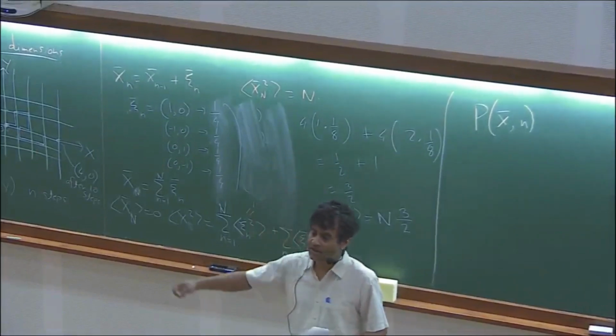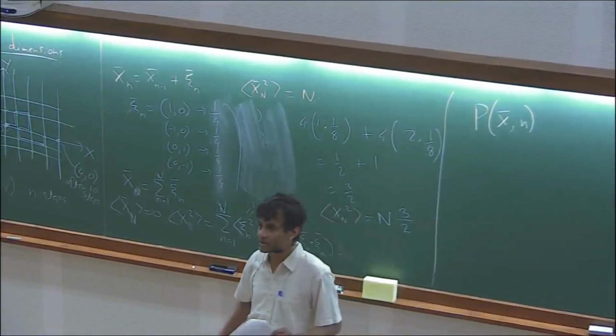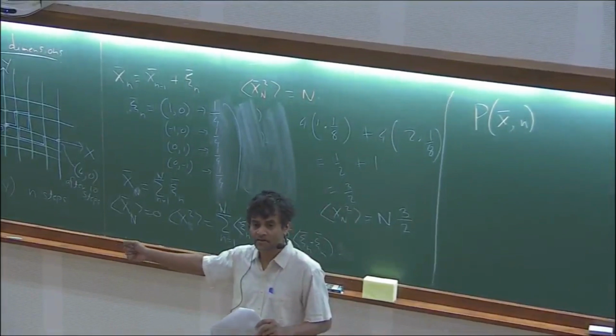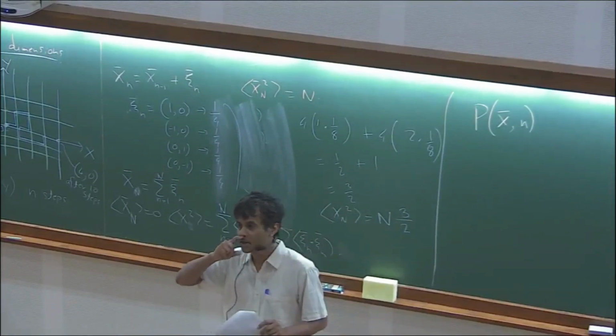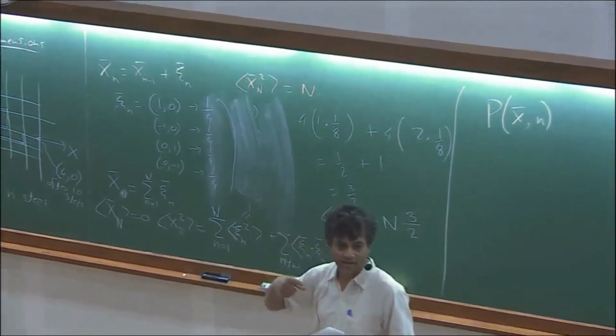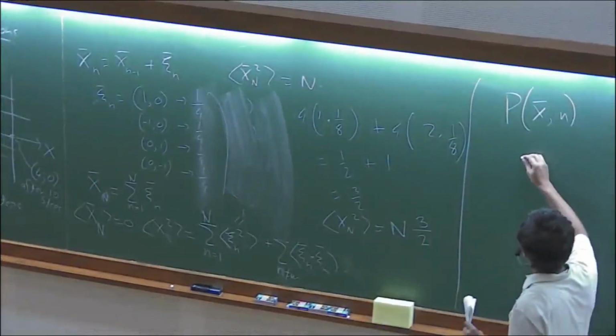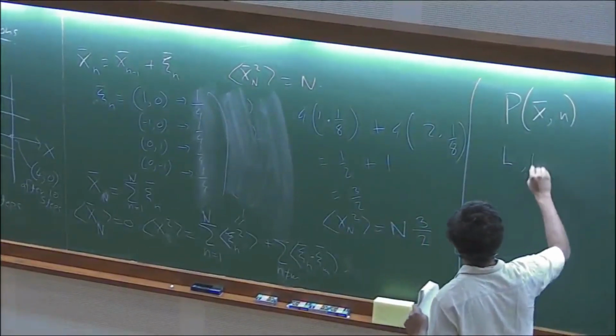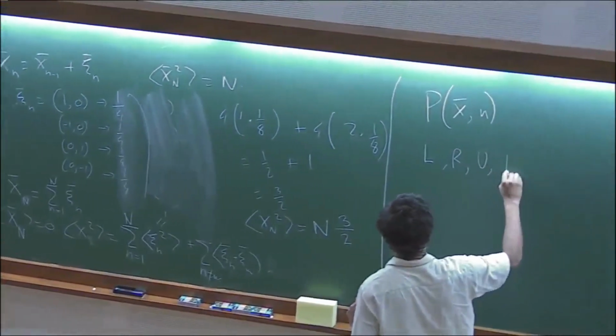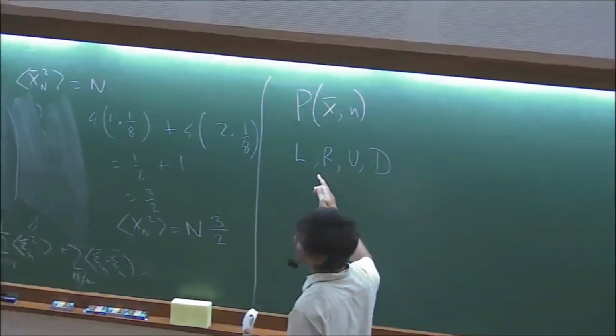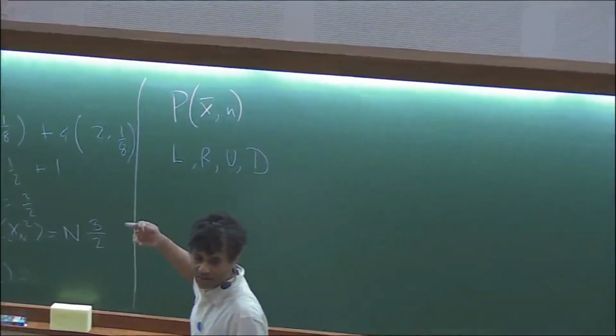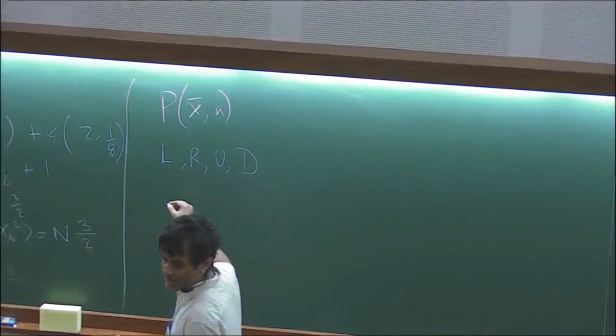So there we said if you want to go to a particular place, it consists of some number of left steps and some number of right steps, right? Now you have up and down steps, right? So basically you have left steps, right steps, up steps, and down steps. And then what are the constraints? I want to reach x and y.